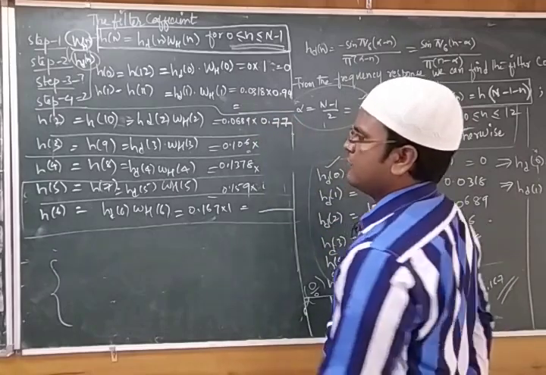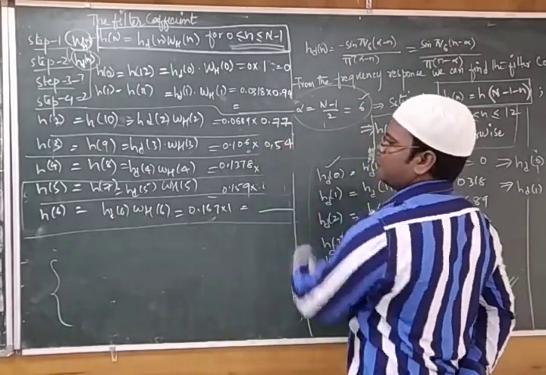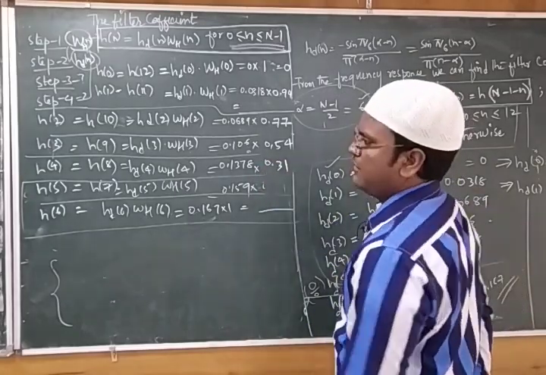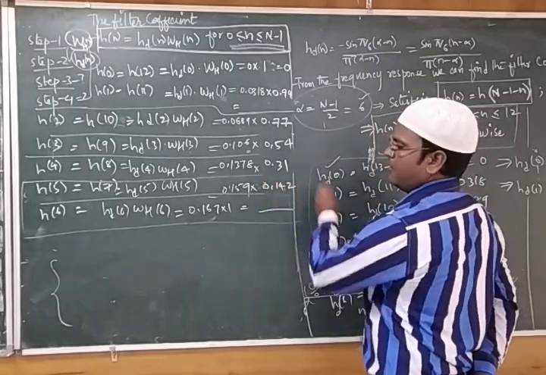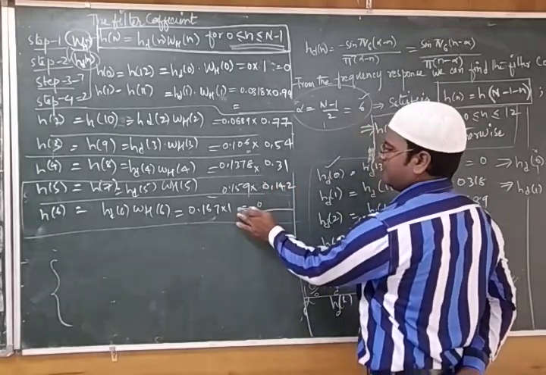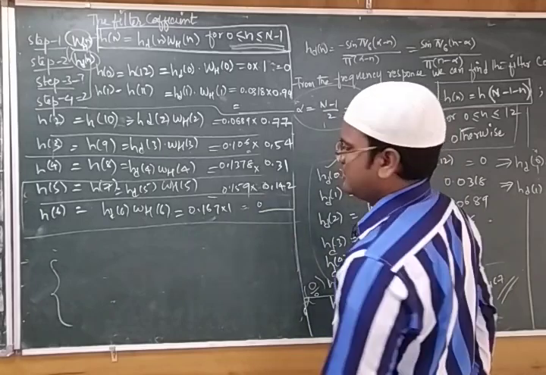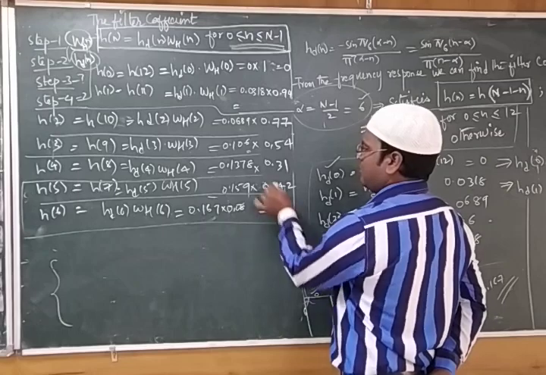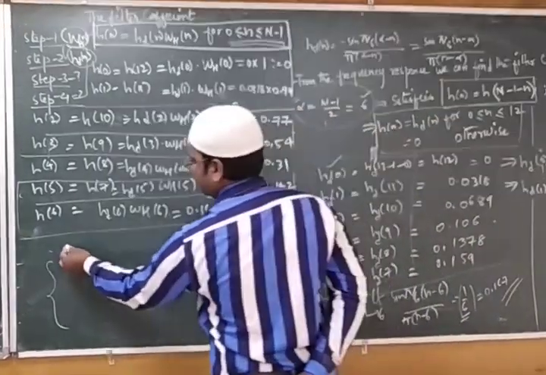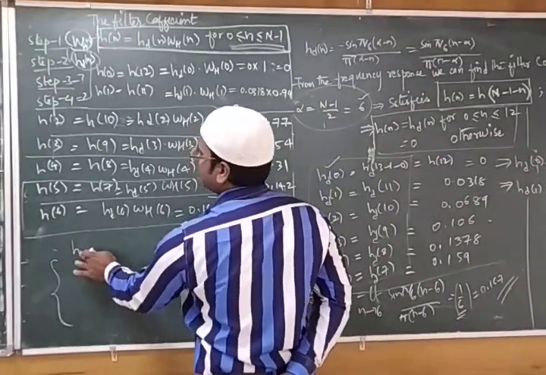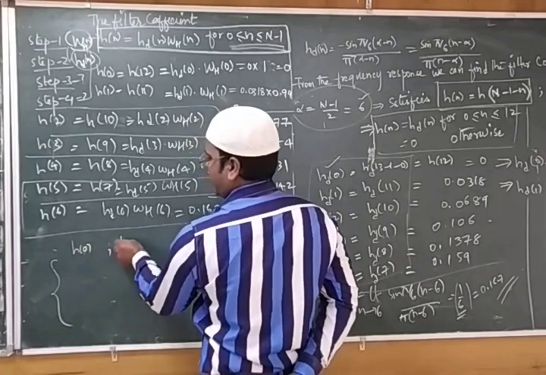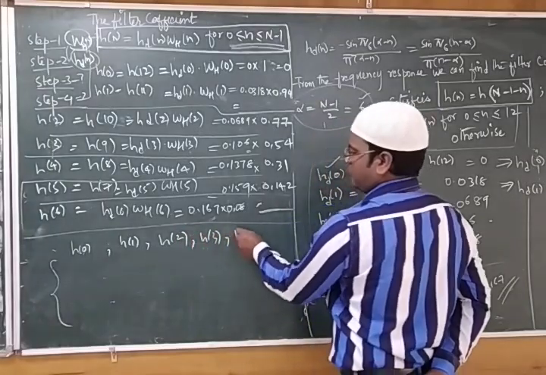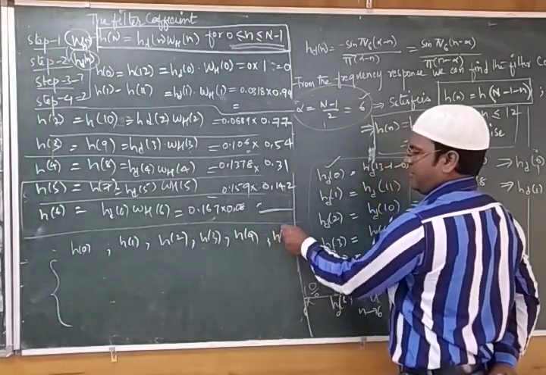Then WH of 3 is 0.54, WH of 4 is 0.31, WH of 5 is 0.142, WH of 6 is 0.08. So multiply all those values, and we will get the answer in terms of h of 0, h of 1, h of 2, h of 3, h of 4, h of 5 and h of 6.